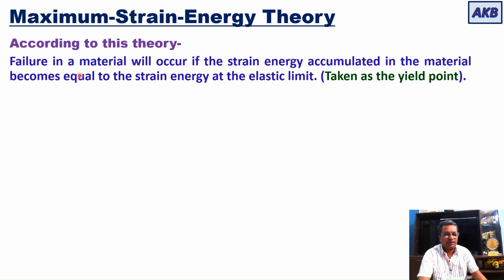In this case, the elastic limit is taken as the yield point. So the theory says failure in a material will occur if the strain energy accumulated in the material becomes equal to the strain energy at the elastic limit. The elastic limit is taken as the yield point of the material.